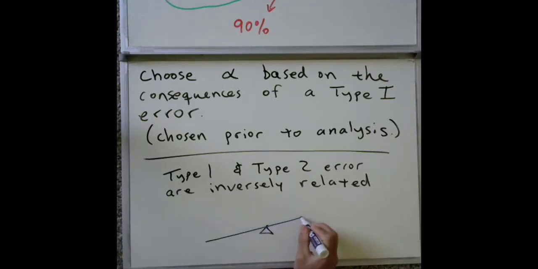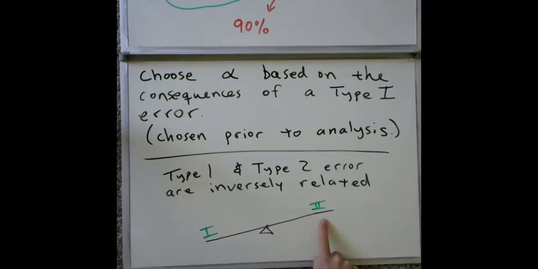Like if you had a seesaw, remember that little fun playground toy, right? If you had type 1 and type 2 sitting on the seesaw, and you said, well, hey, I have choice over my type 1 error rate, why don't I just make it super small?